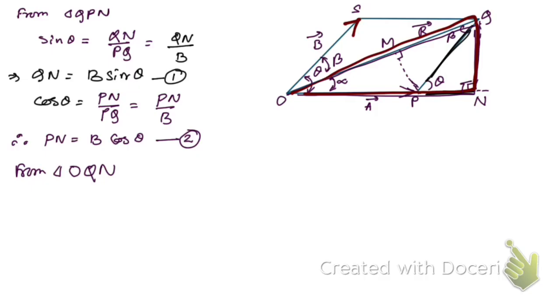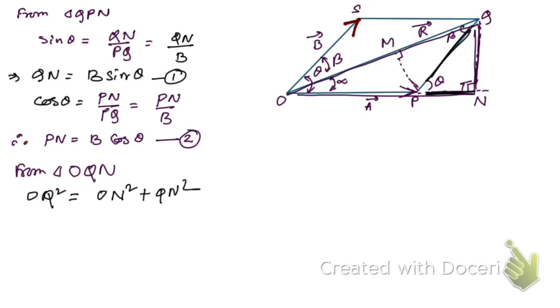Let me show you this triangle, OQN. So here OQ square, hypotenuse square, is equal to perpendicular square plus base square. Here base is ON and perpendicular is QN, so ON square plus QN square.